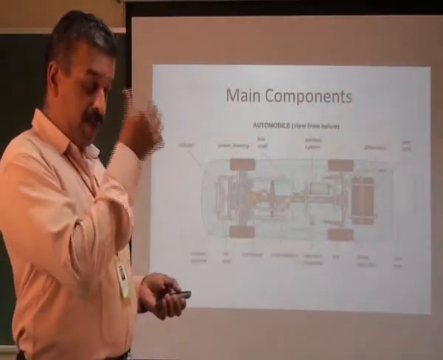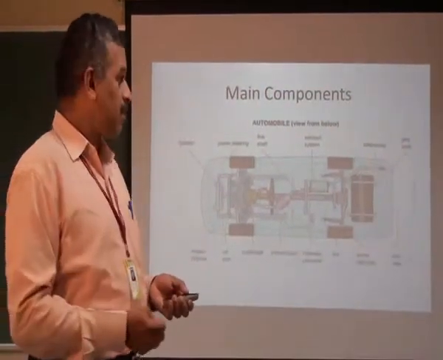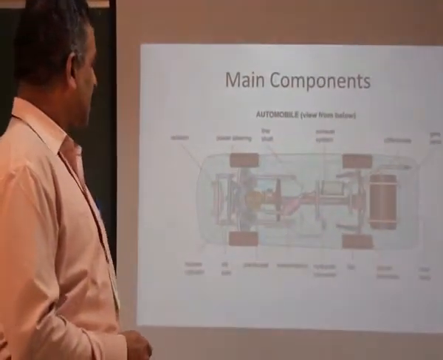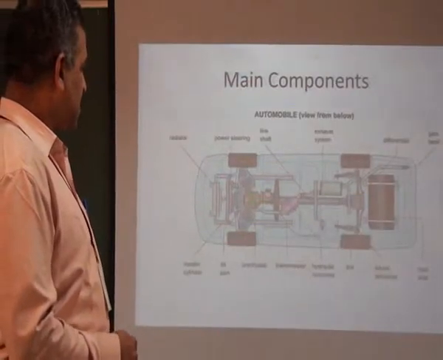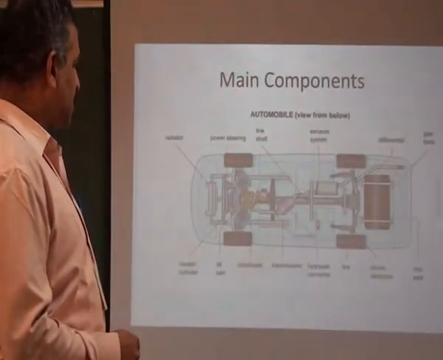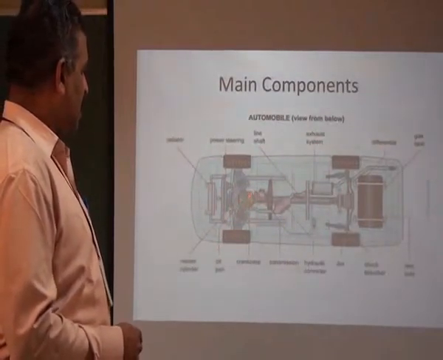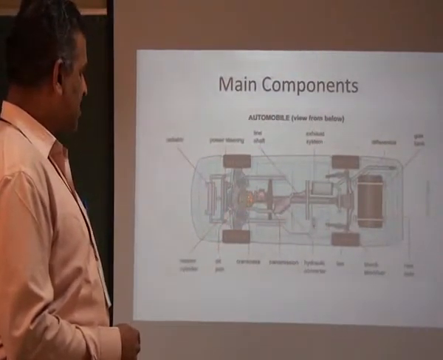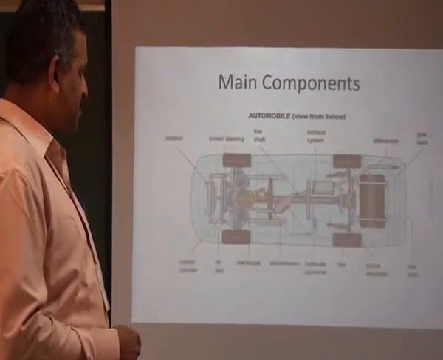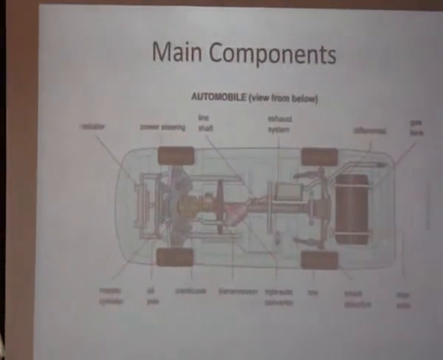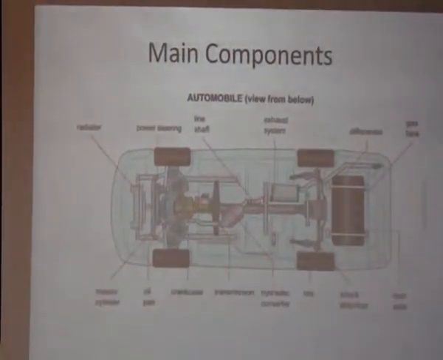Just now I explained the main components. These main components are shown in this diagram very neatly. You can see here, this is the engine part, the oil pan, and this is the crankcase, and here is the transmission. Then power is carried by the propeller shaft.